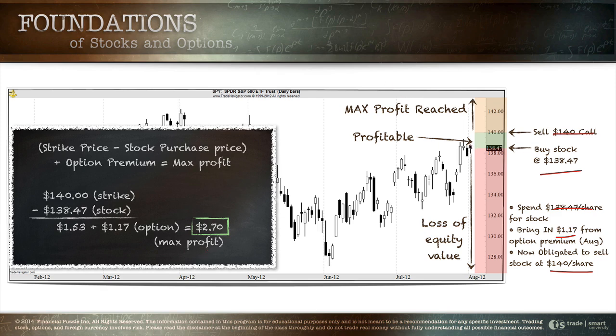If the stock goes up at or above 140, you've reached maximum profit. Anything above 140 is max profit. Anything below 140, you've got the guaranteed $1.17, and you're making whatever equity profits there.